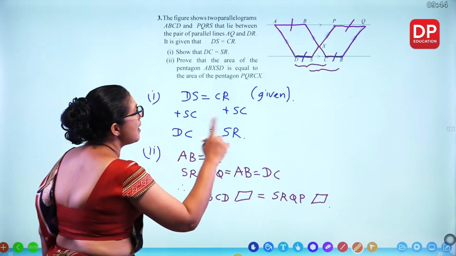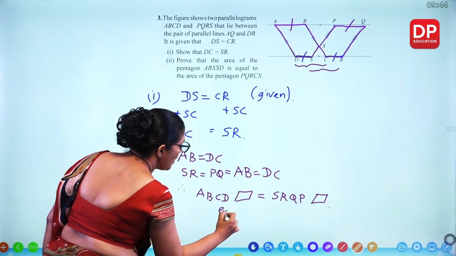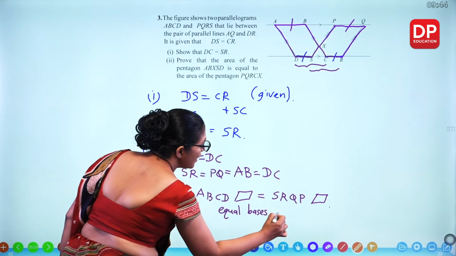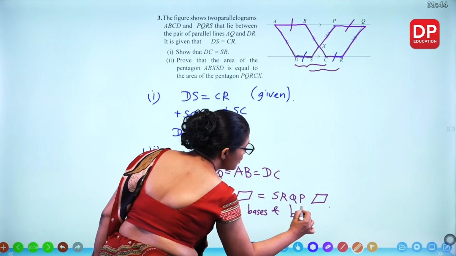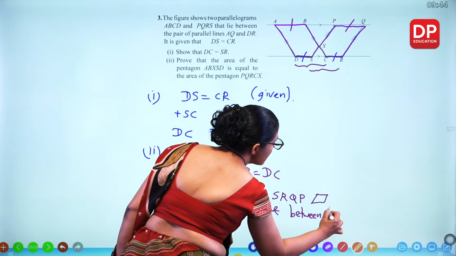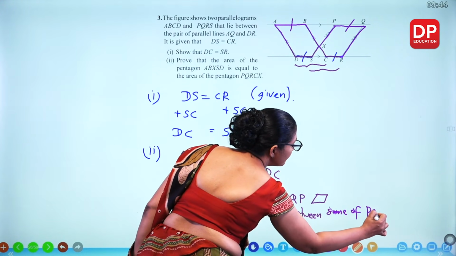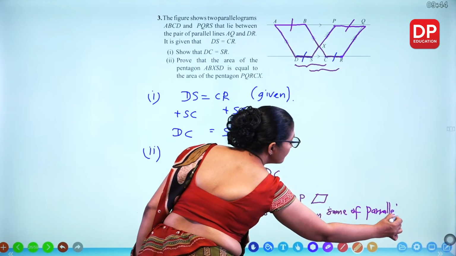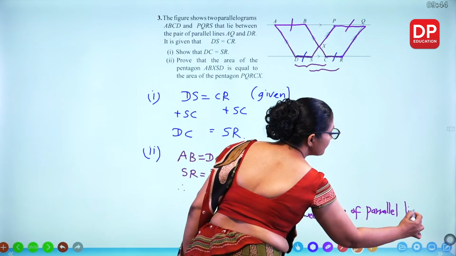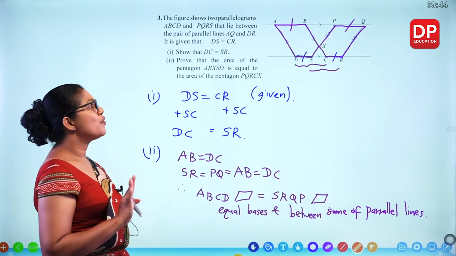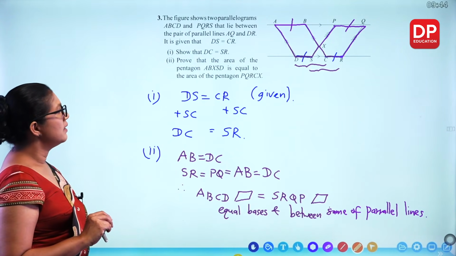Why? Equal bases and in between same pair of parallel lines. That's the reason. So the area of the two parallelograms are equal.